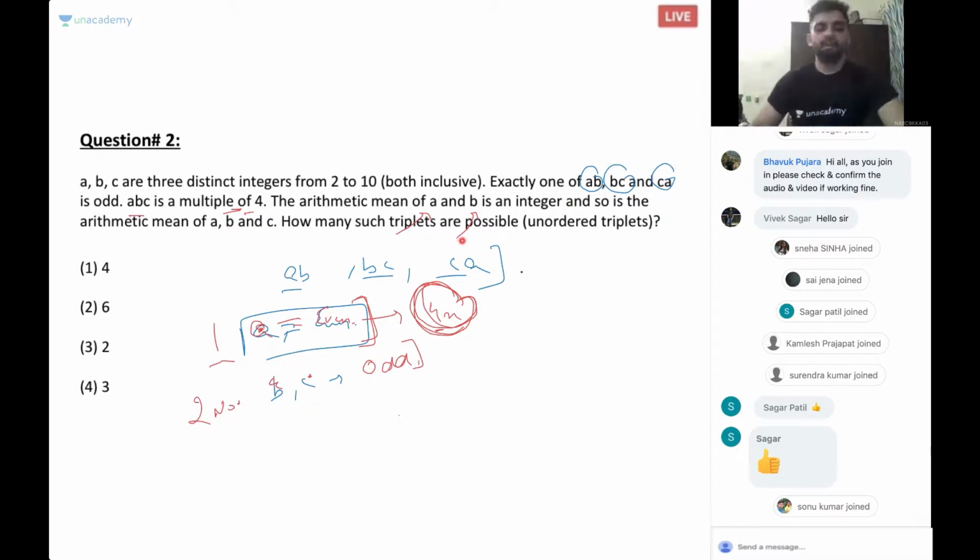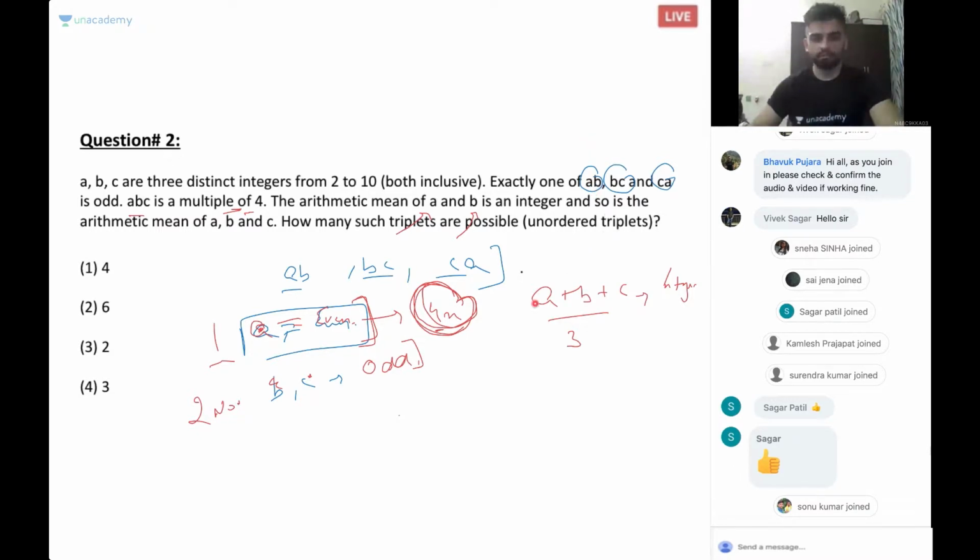It is given that the arithmetic mean of A and B is an integer, and so is the arithmetic mean of A, B, and C. So we know that ABC is a multiple of 4, and the even number is a multiple of 4. The arithmetic mean of A and B is an integer.